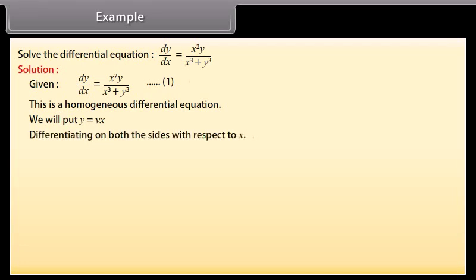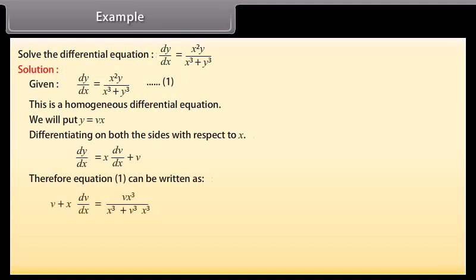Differentiating on both sides with respect to x, dy by dx equals x into dv by dx plus v. Therefore, equation 1 can be written as v plus x into dv by dx equals v x cubed by (x cubed plus v cubed x cubed).